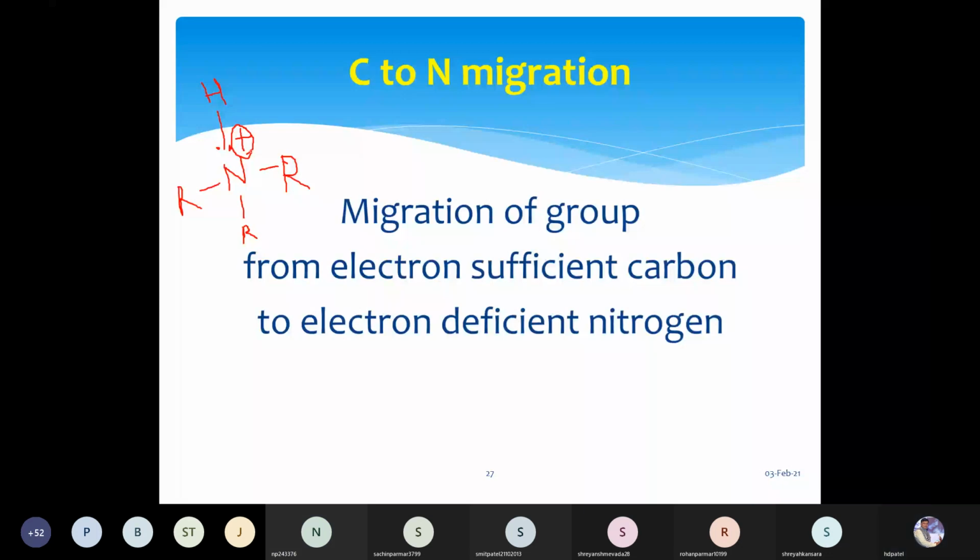Bolo. Sir, it will not be an electrophile. Why? Why can we not consider it as an electrophile?